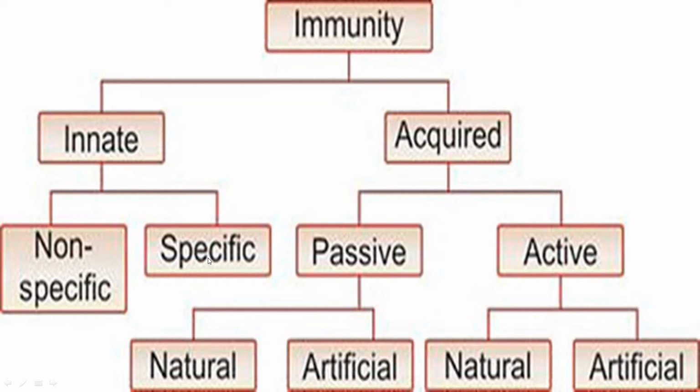Okay? Now, why is it called non-specific? Because innate immunity is actually non-specific in nature as it does not respond differently based on the specific virus or specific bacteria. That's why it is called non-specific.